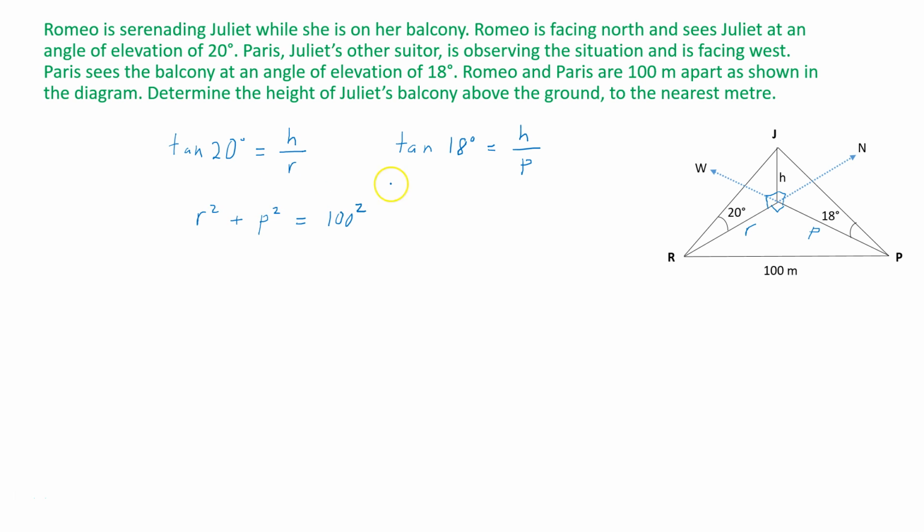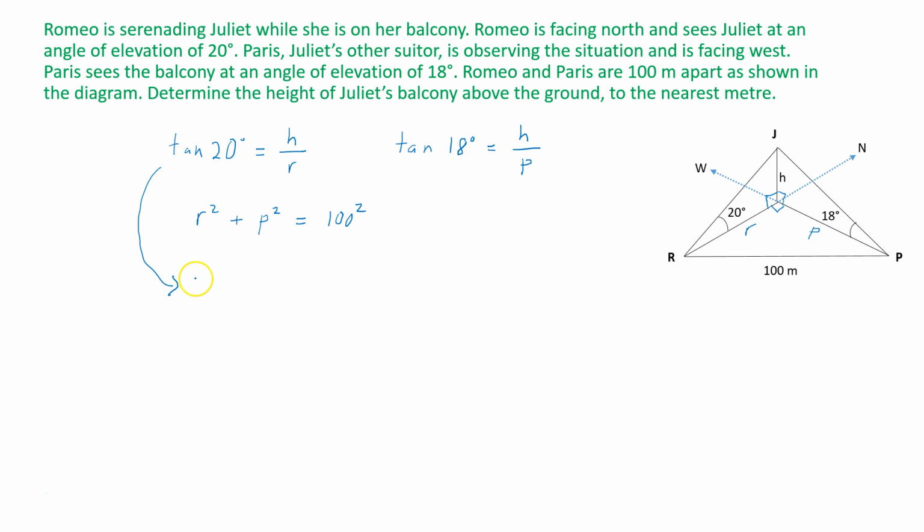So what we're going to do is we're going to use substitution. So what I'm going to do is I'm going to try to substitute these expressions, so the expression for the triangle on the left and the expression for the triangle on the right into the Pythagorean theorem expression. So first I'm going to rearrange this expression.